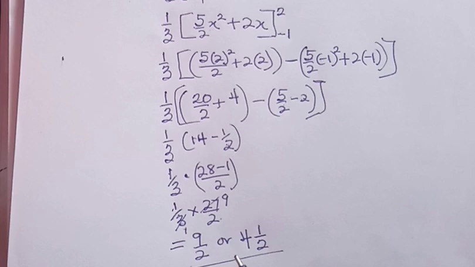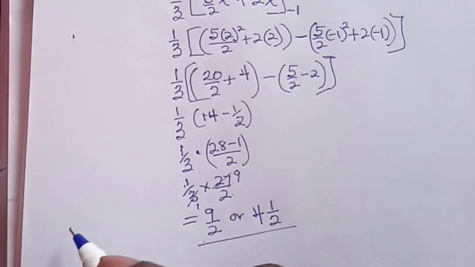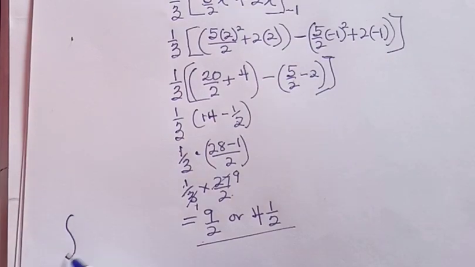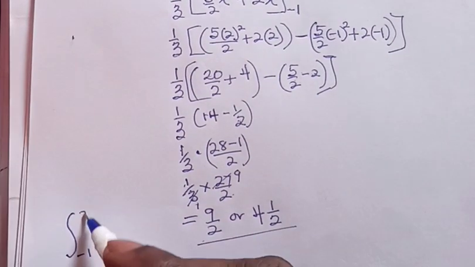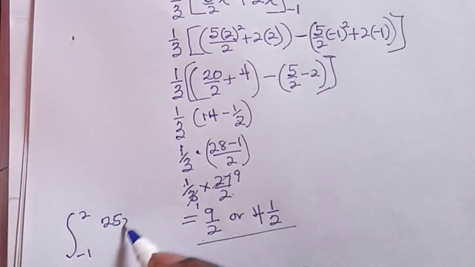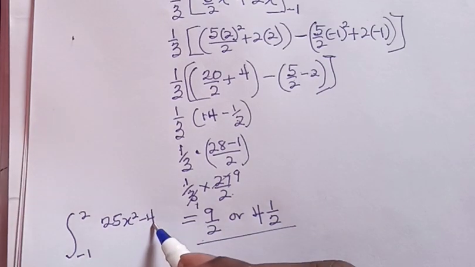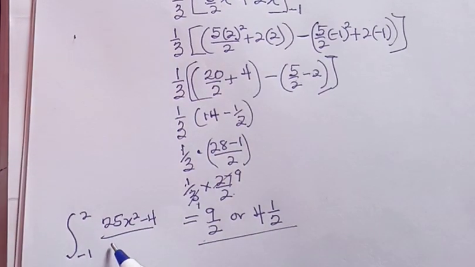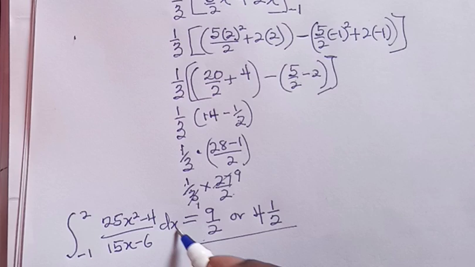So when you are asked to solve this, that is how. The whole question was the integral from -1 to 2 of (25x squared minus 4) all divided by (15x minus 6) dx.